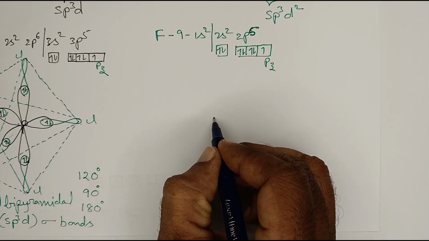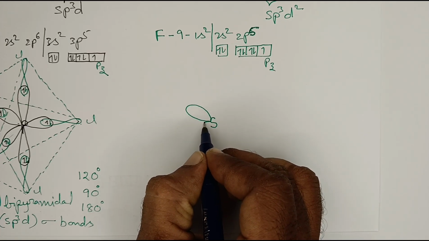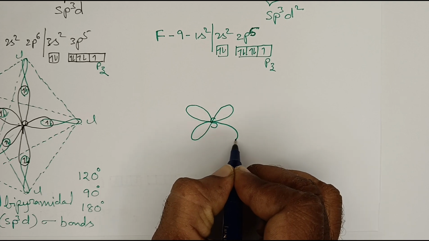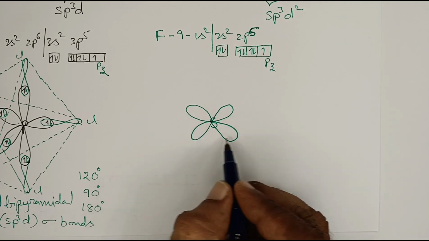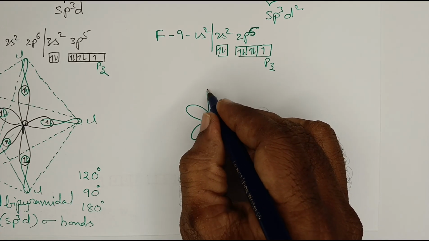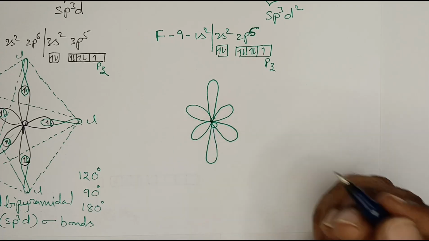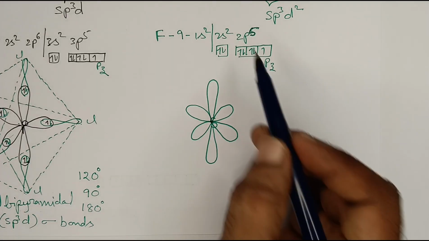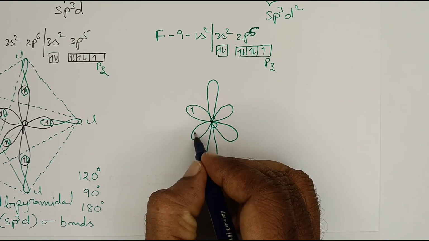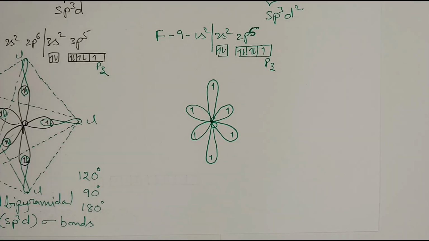Sulfur undergoes sp3d2 hybridization to produce 6 sp3d2 hybrid orbitals. These are the 6. Out of 6 I represented 4 here, and of the remaining 2, one is above the plane and another one is below the plane. Each orbital contains one electron, so 1 1 1 1 1 1, total 6 unpaired electrons.